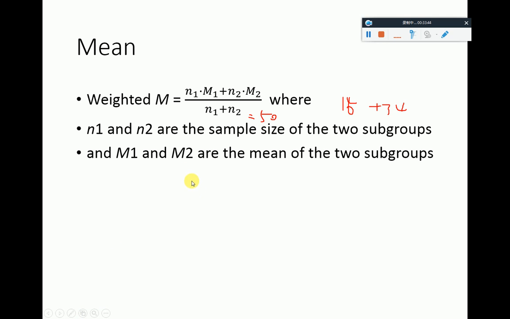Okay, then what about the numerator? First of all, M1 and M2 are the means of the 2 subgroups.